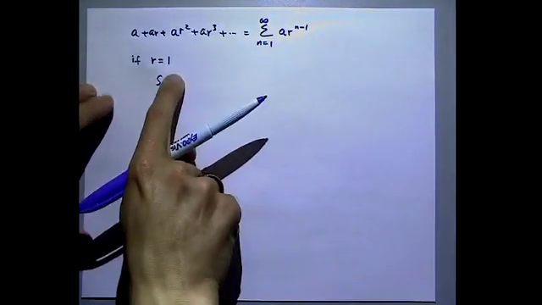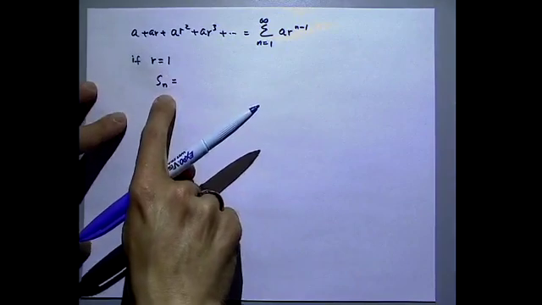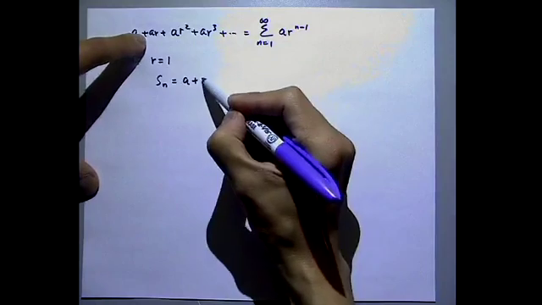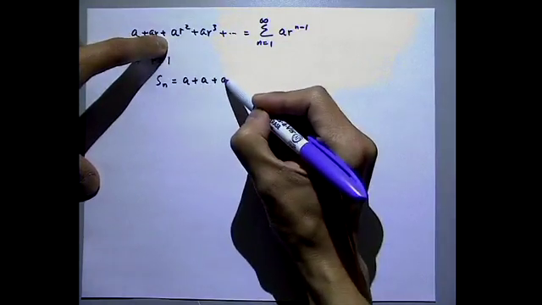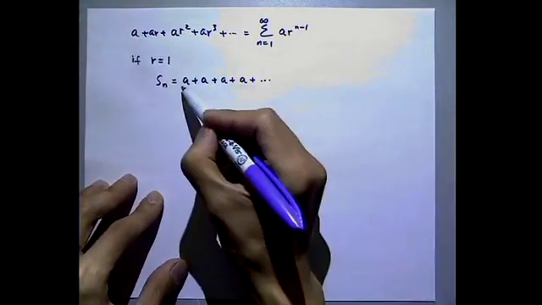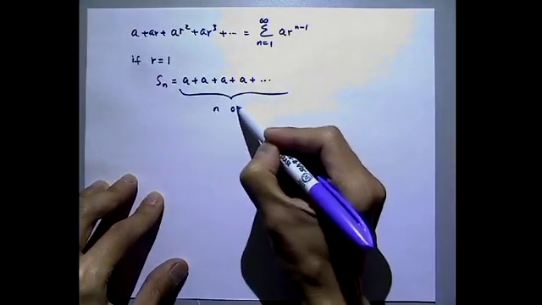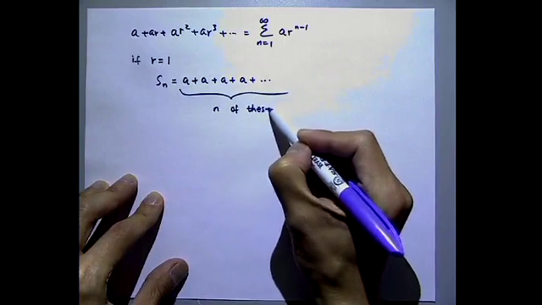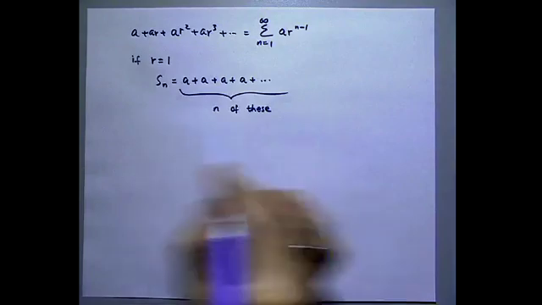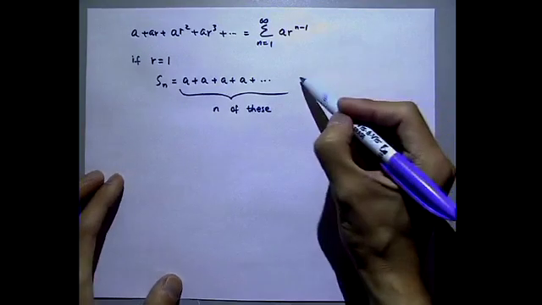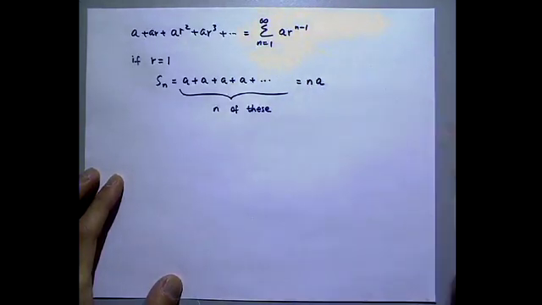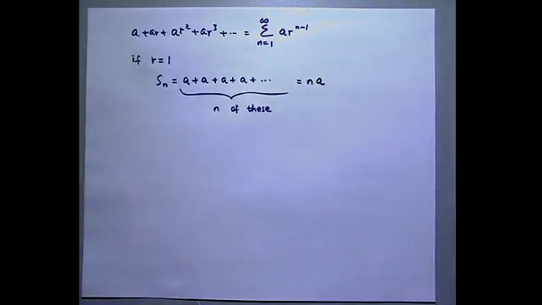If the common ratio is 1, then my nth partial sum is the first plus the second plus the third plus the fourth, and so on. I need to add up n of these things, and of course, that's just n times A, whatever the first term happens to be.